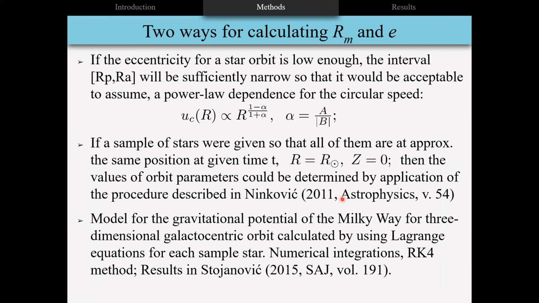And here is just one example of how we can do that, where alpha is a relation between Oort's constants. The procedure for obtaining Rm and E is the same as it would be if the spherical symmetry were valid.